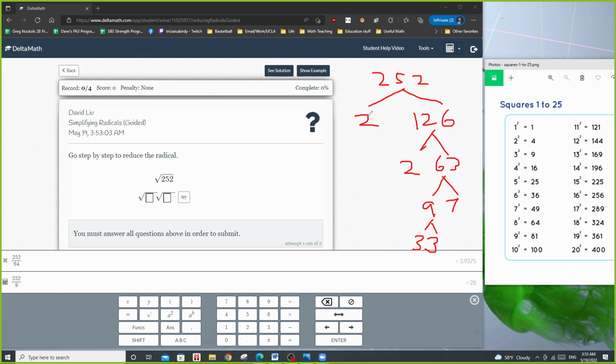Let me circle the ones I have then. I have a 2 here, 2 here, a 3 here, a 3 here, and a 7, okay? So we can say that 2 times 2 times 3 times 3 times 7 equals 252. Okay?